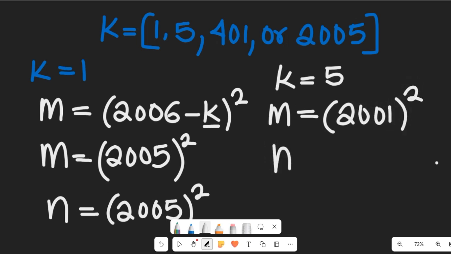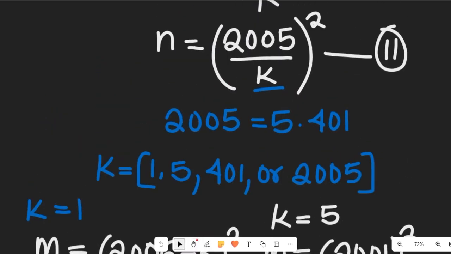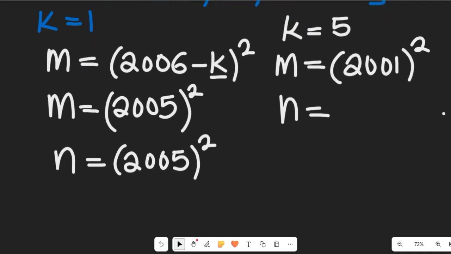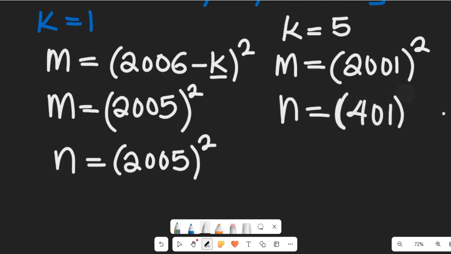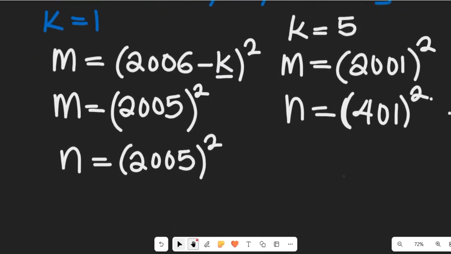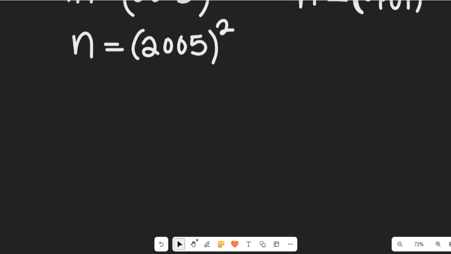And my n can be equal to 2005 divided by 5, and that is going to give me 401 square. So this is an expression I can get for the value of n, for k equal to 5.